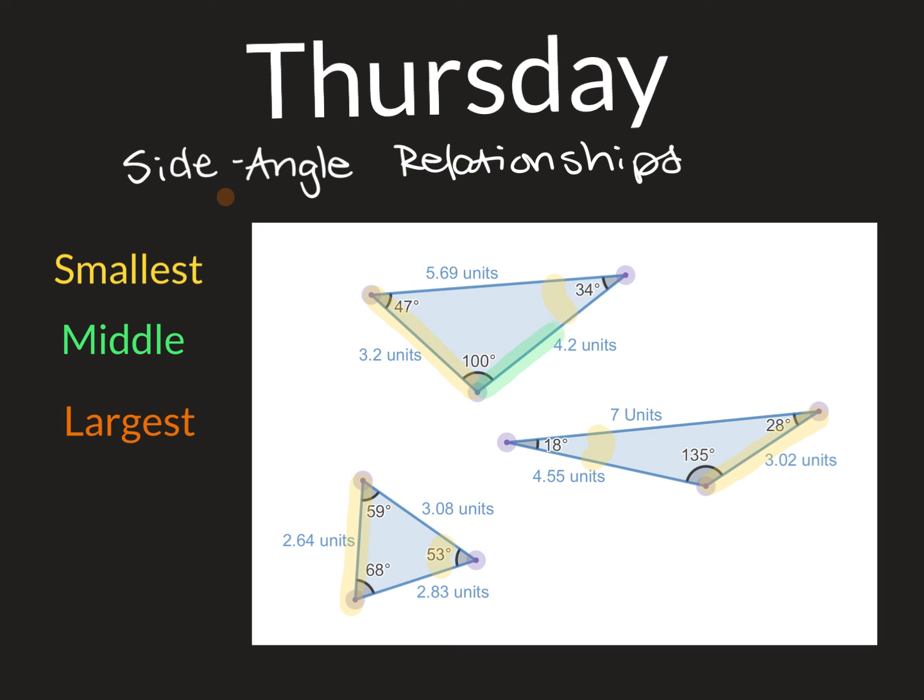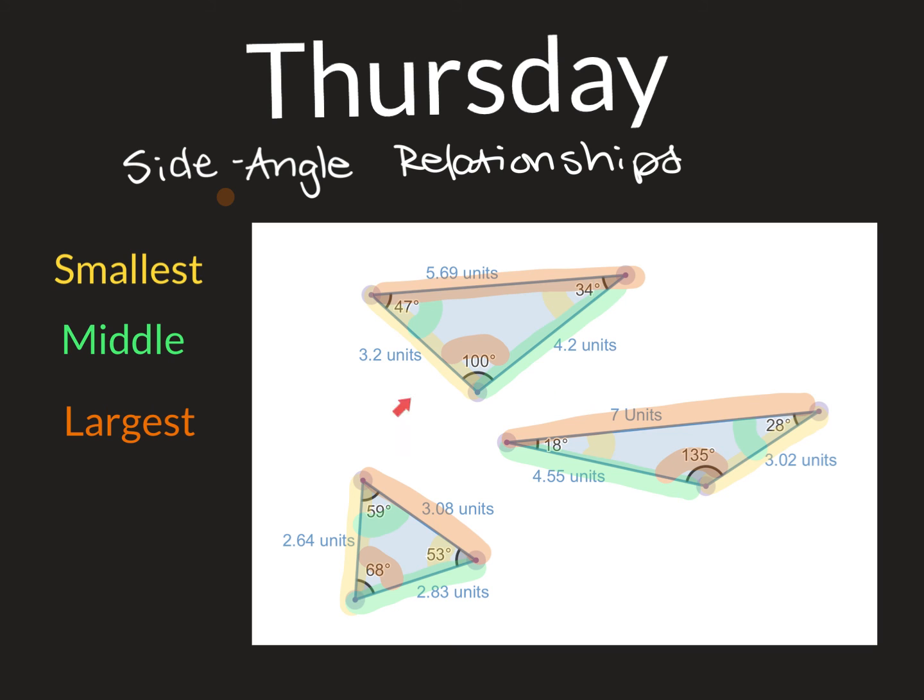Middle length, 4 and 2, 455, 283, and then my middle is going to be that one, and that one, and that one, and then my largest here, and that's the largest angle, here, and that's the largest angle, here, and that's the largest angle.